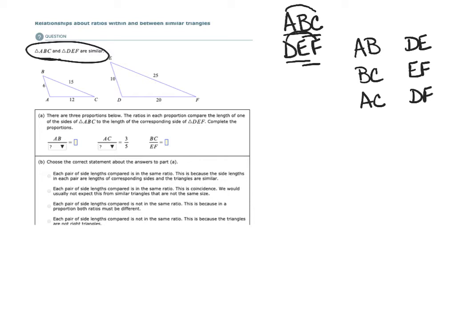So now I'm going to set up my ratios to make sure that they are proportional. The first thing I'm going to do is look at the first question they ask me, which is AB. I'm going to use my chart to see that AB must correspond to DE. And then I'm going to set that up as a side length ratio.